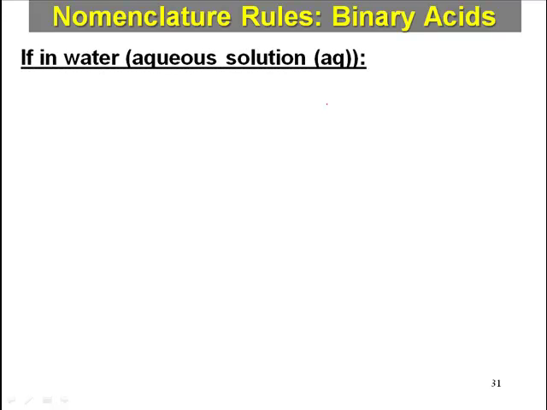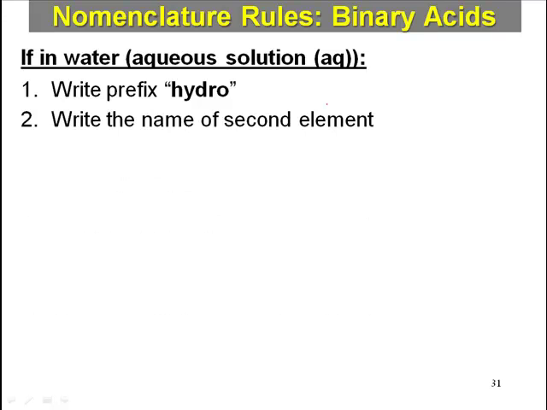The first rule is for binary acids, if it's in water, it says AQ, or aqueous solution, you always write the prefix hydro. You write the name of the second element. So hydro, and then you write the name of the second element, and you apply ic to the second name.